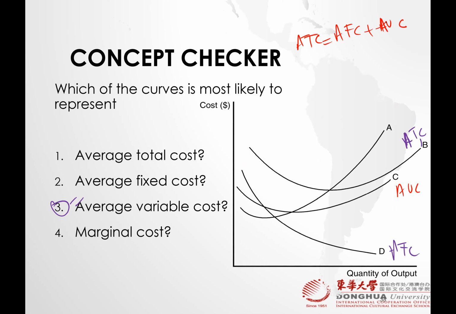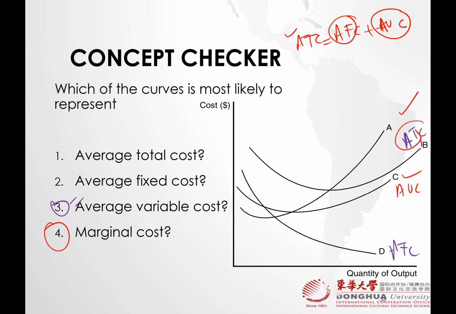So it means average total cost will be above, then average fixed, and then average variable. So average total cost will be above, and then the rest of the curve is going to be on the downside here. So all clear.